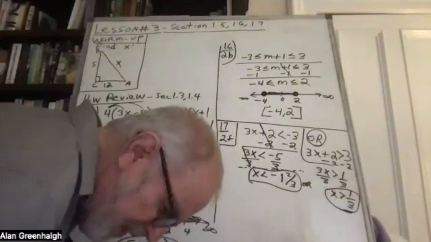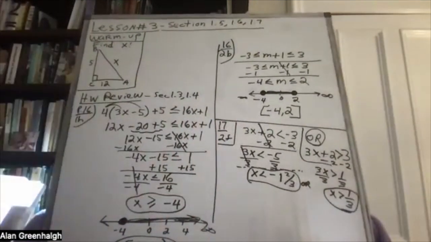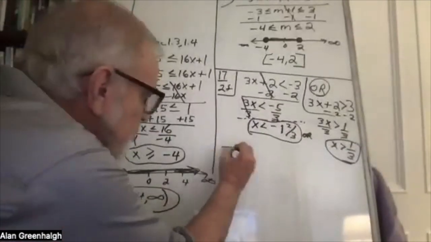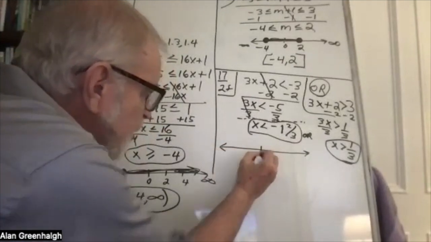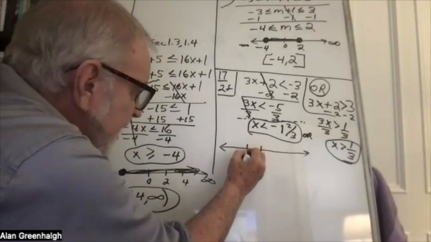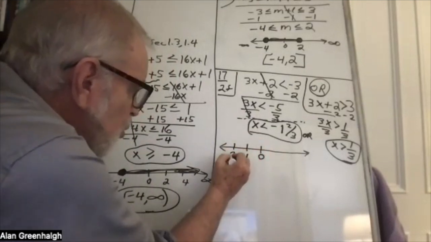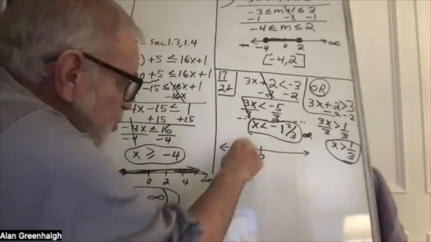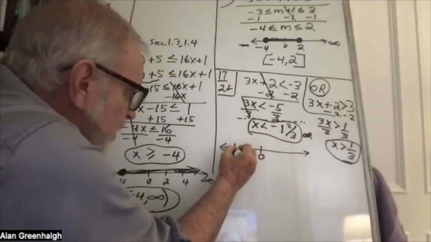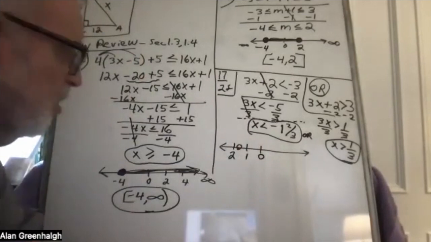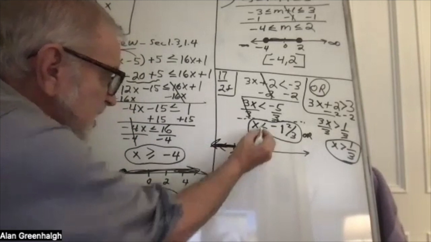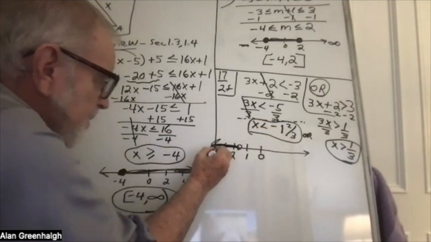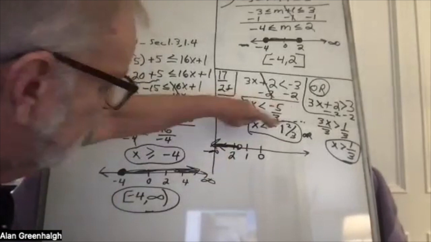Now, you could look at this and ask what it means, but the best way to do a problem of this nature is to actually graph it. That's why I like to graph a lot, because it gives me a picture of what's happening here. Here's 1, here's 2, and -1 2/3 should be right around here. It's an open circle, and everything will go in this direction because it's less than -1 2/3.